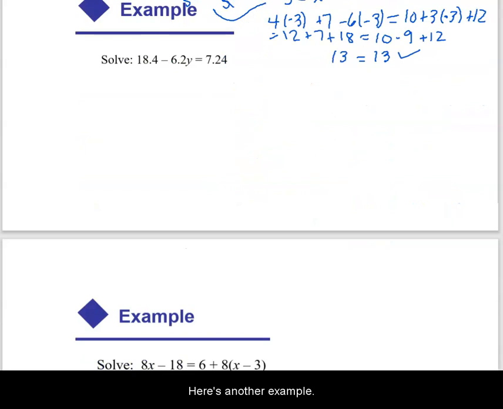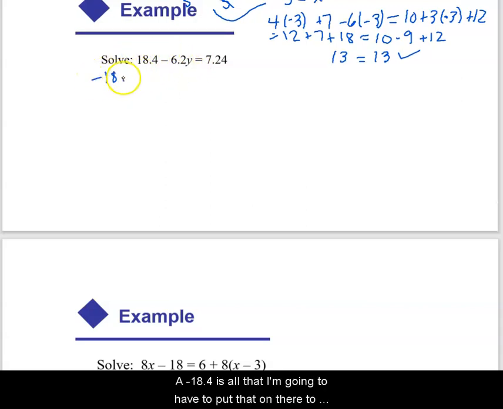Here's another example. Okay, so it looks to me like first step is combine like terms. There aren't any. Next step is try to get all your variables on one side. Well, I already have that. So then we want to start getting rid of the thing that's not connected to the letter. So we want to go to the side with the letter and get rid of the 18.4.